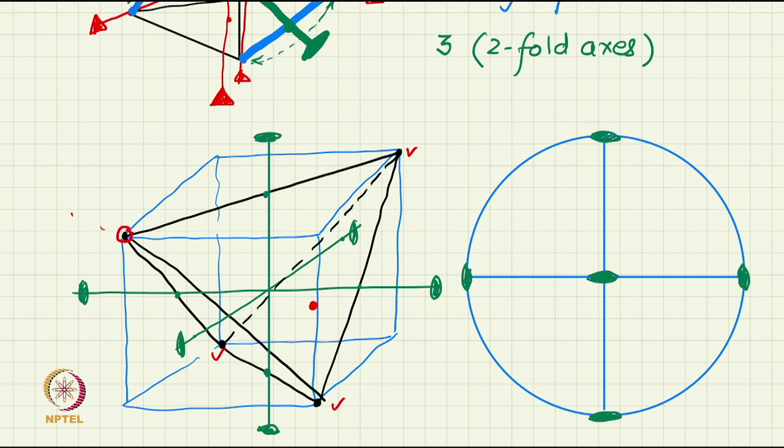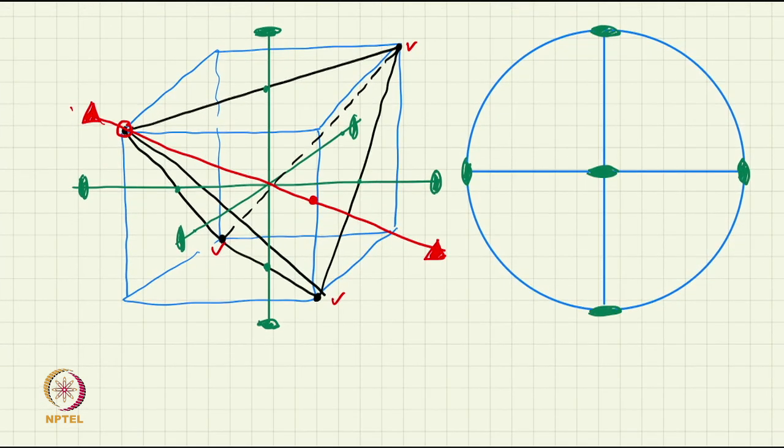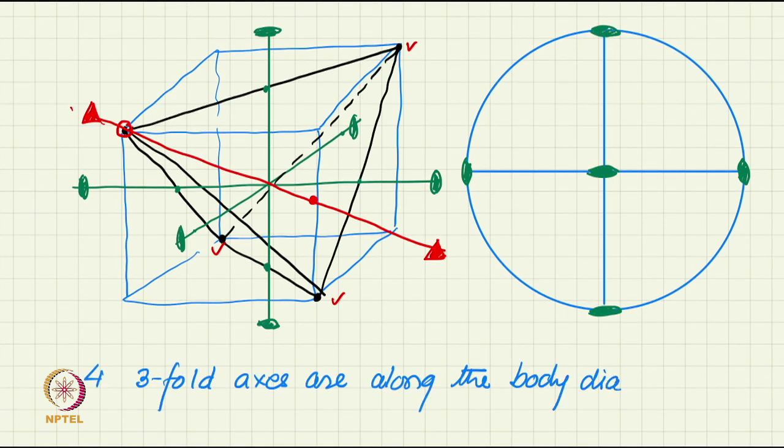So, the line joining these two will be the threefold axis, and that is nothing but the body diagonal of the cube. So, the 4 threefold axes along the body diagonals of the cube.